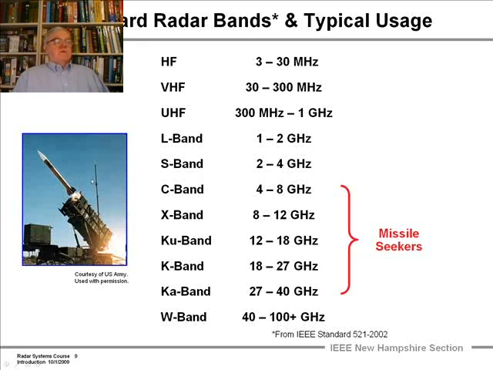Remember the angular size is lambda over d, d being the size of the antenna. We have to make the antenna very small, and so we're going to use frequencies that tend to be higher. So missile seekers would tend to be in this range.